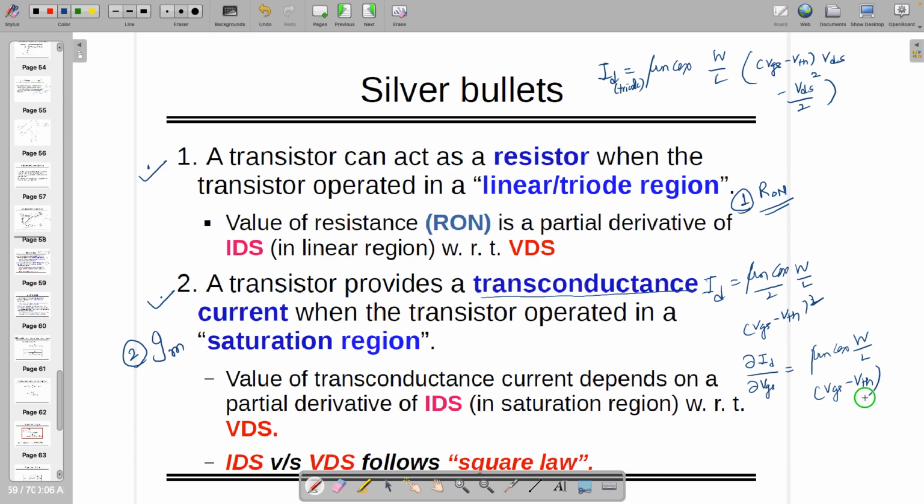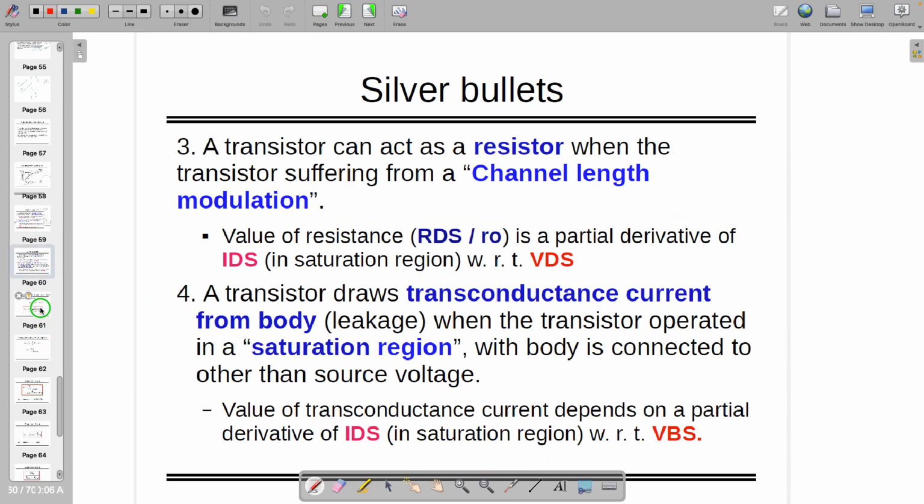There are various ways to write this down. We will talk about this later, but this is one of the equations. This has lots of tricks, by the way. So the second one is that you find GM. The first one was R on, the second is GM. The third one is actually channel length modulation, which you found out, known as RDS or RO.